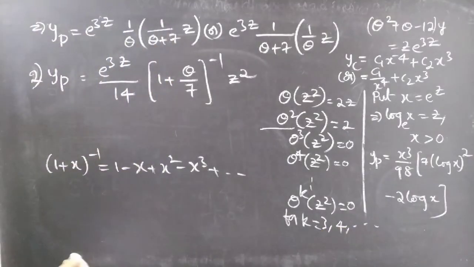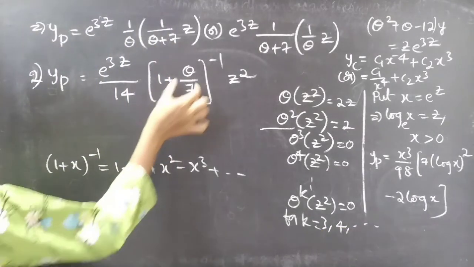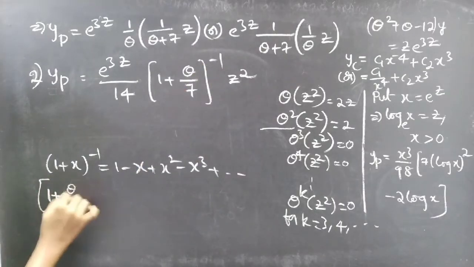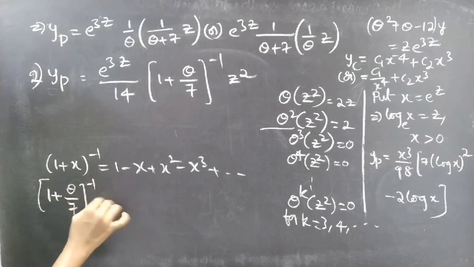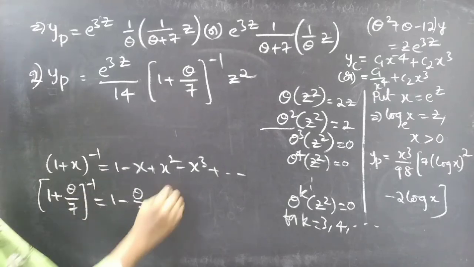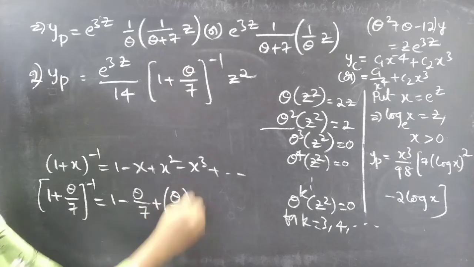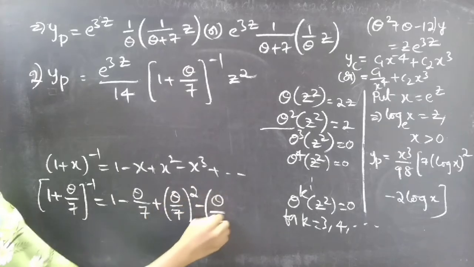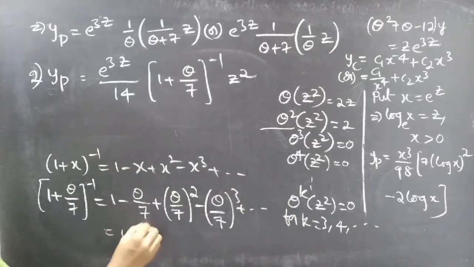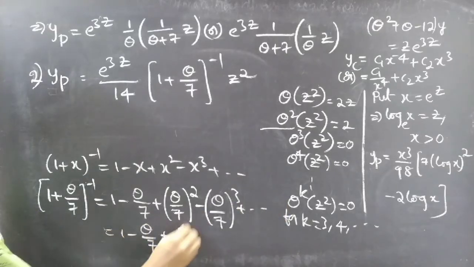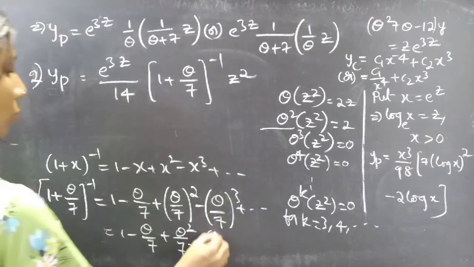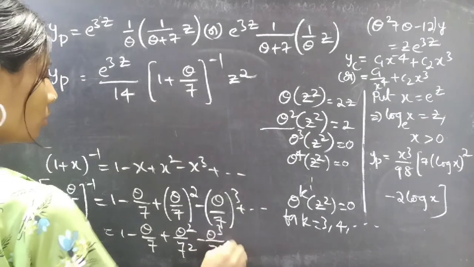Now keeping this in mind, we'll expand (1 plus theta by 7) whole inverse, which is equal to 1 minus theta by 7 plus (theta by 7) whole square minus (theta by 7) whole cube plus so on. This is equal to 1 minus theta by 7 plus theta square by 7 square minus theta cube by 7 cube plus so on.